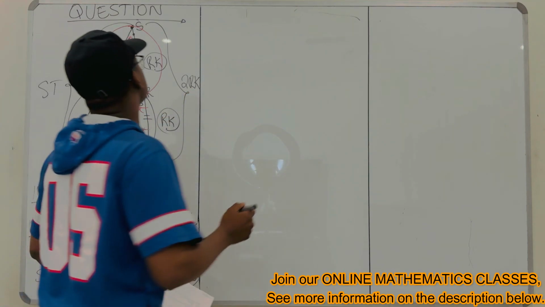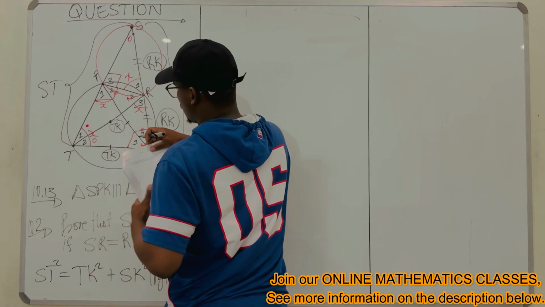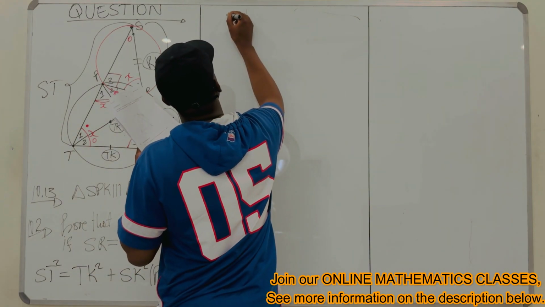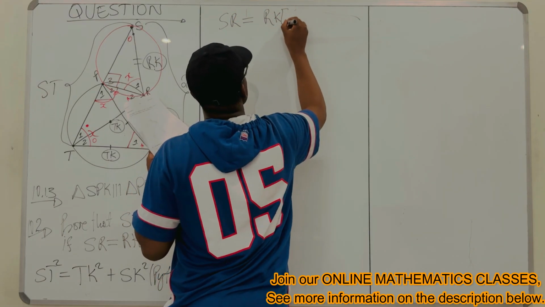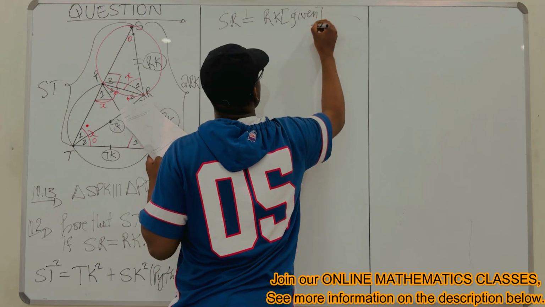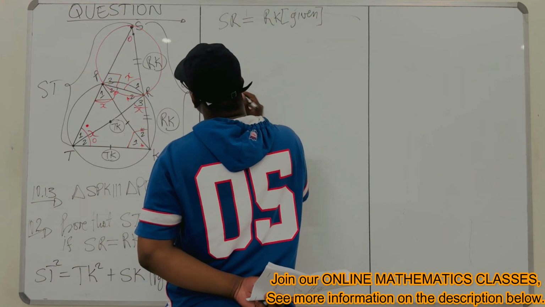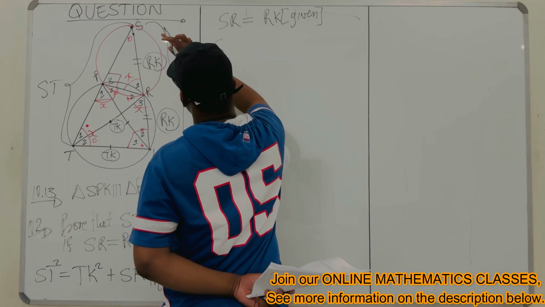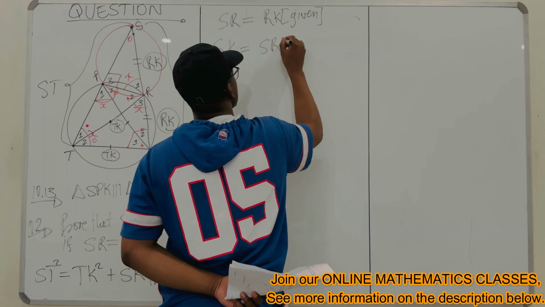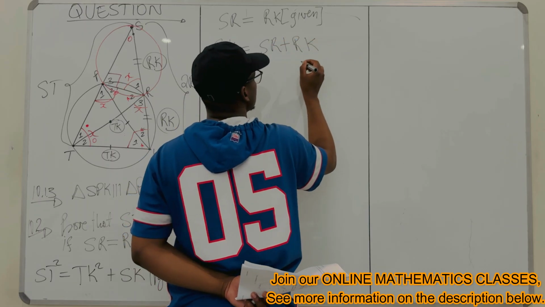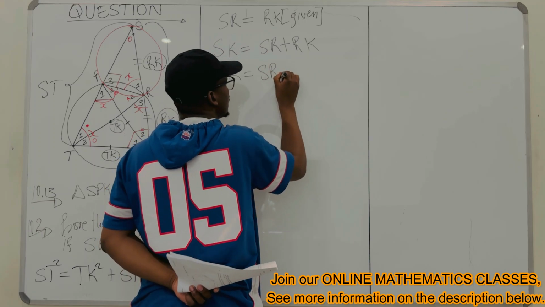Because look, we said to ourselves that SR is equal to RK. We said this was given information, right? Fine. Look now at SK. Your SK is equal to SR plus your RK.